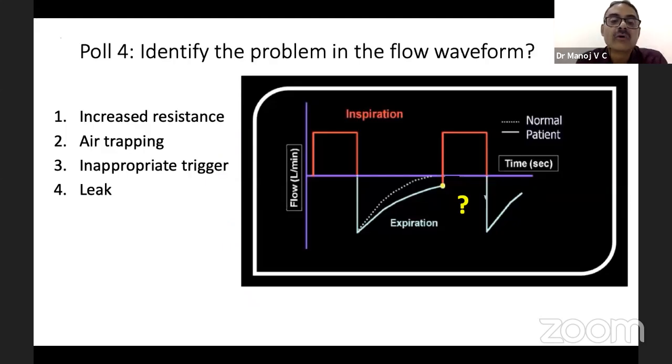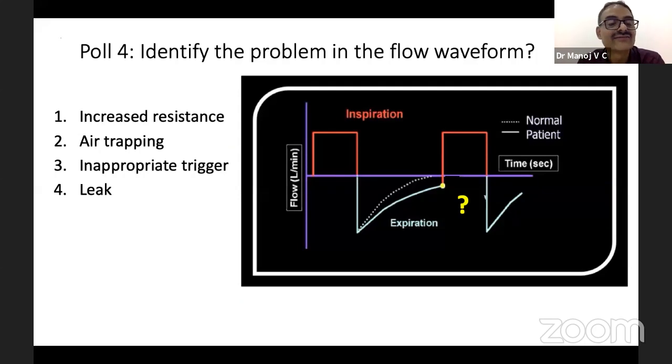Okay, the next poll, what is the problem in this flow waveform? Just for those curious about this waveform, this is a square waveform, so you know that this is not from a neonate, this is from a different neonate. But what is the problem in this flow waveform?